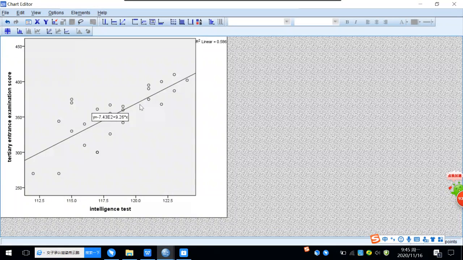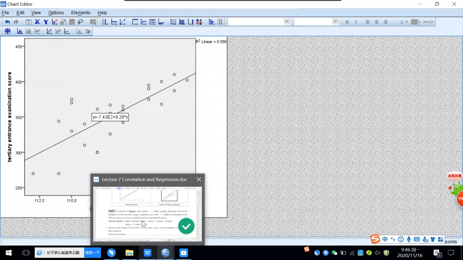So we can also see that when the IQ is growing, the TEE grows proportionally. Okay, so we can answer the first question.